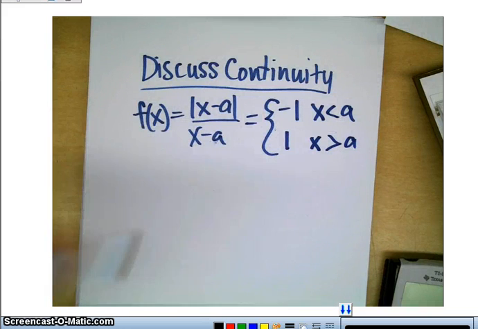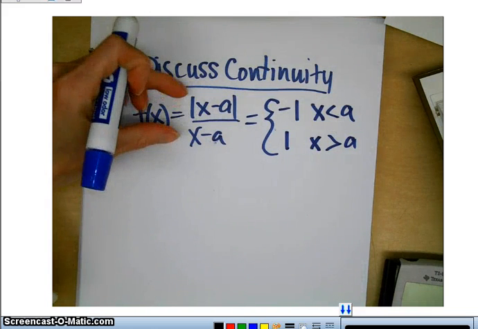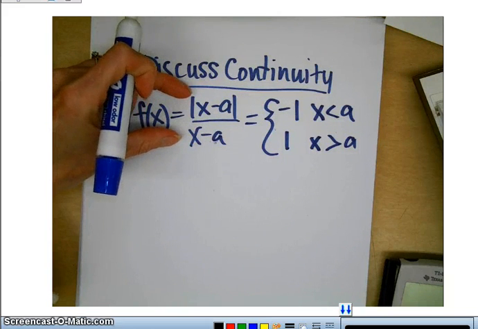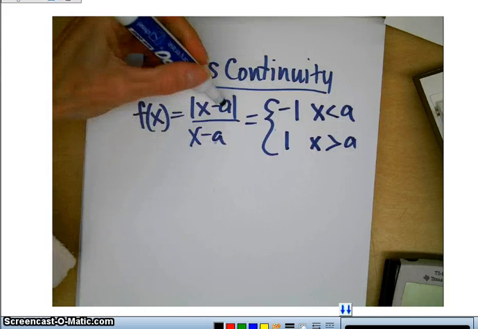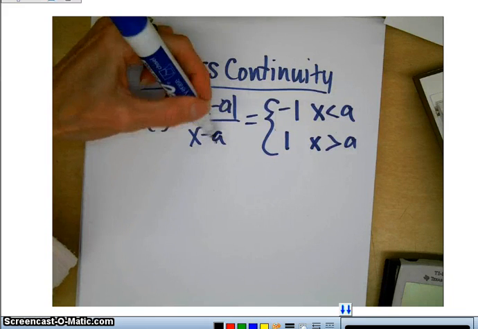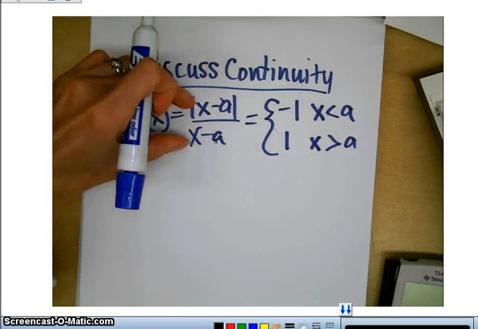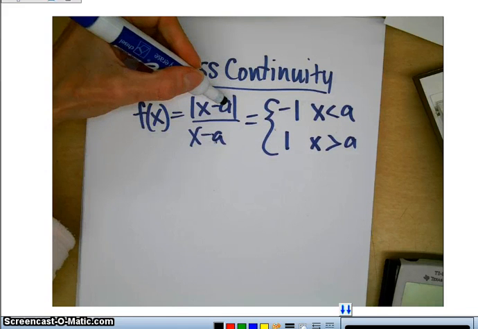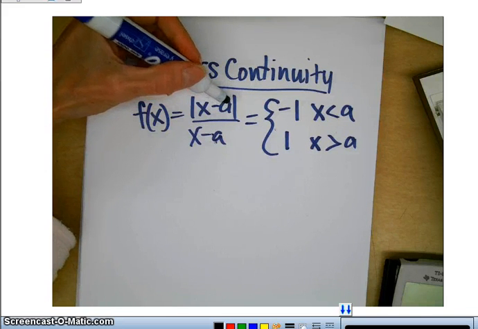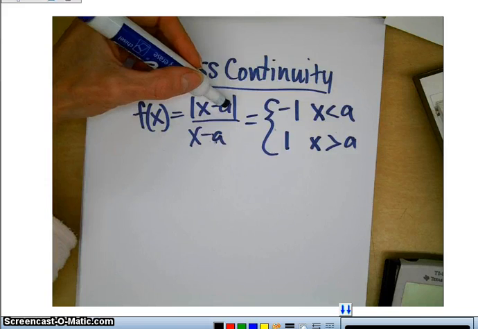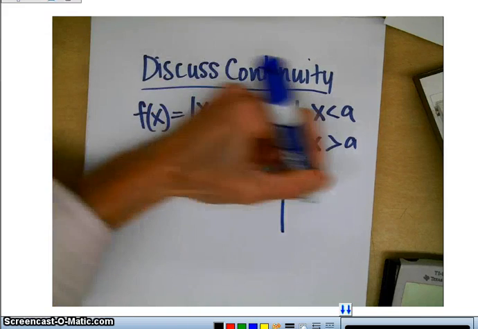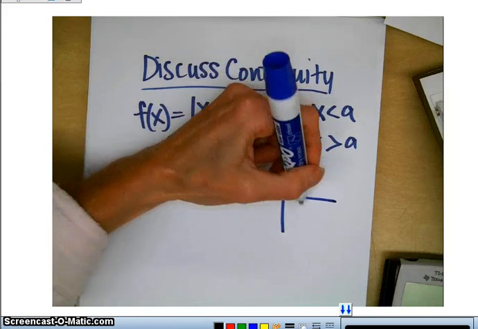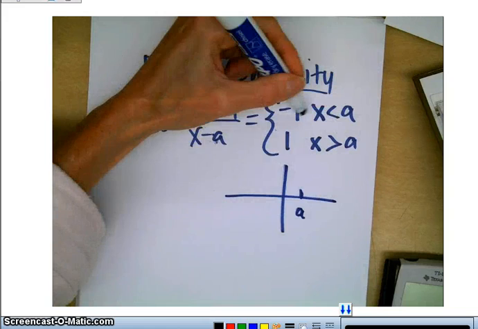So if you're ever asked to discuss the continuity of this type of function, you know that at a it's not going to be continuous, because of the graph of this function, and a is a number. A is any number, like 2 or 15 or 27 or 6 or 1 or 0 even. Right at a is the split-up point.